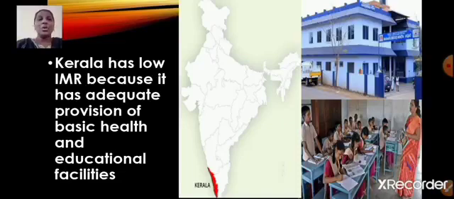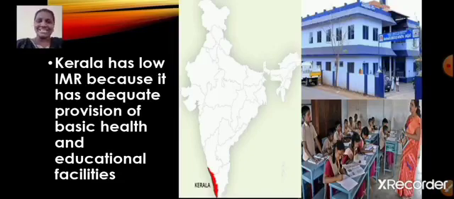Kerala has low infant mortality rate. Students, do you know why Kerala has low infant mortality rate? Yes, because it has adequate provision of basic health and educational facilities. Now just tell me, if a state has low infant mortality rate, is it a good indicator of development?